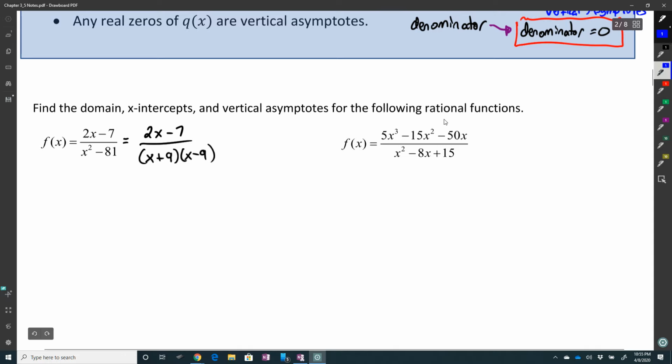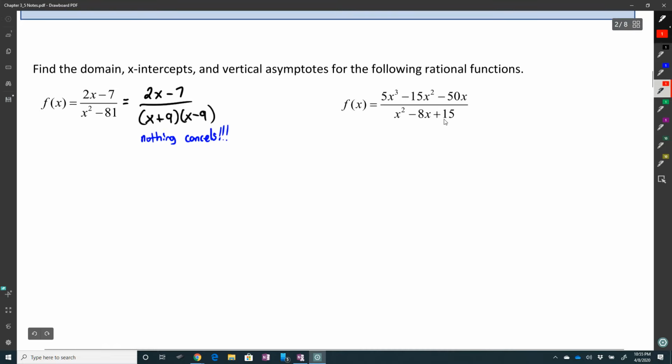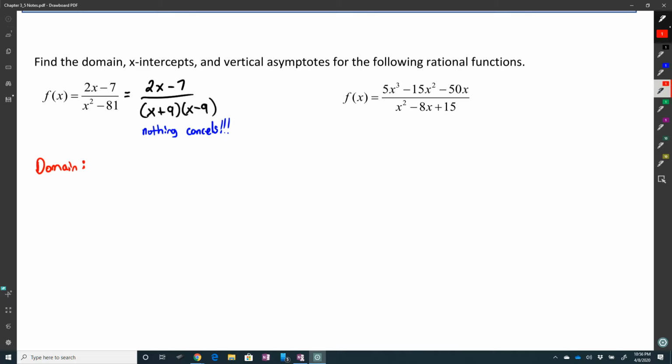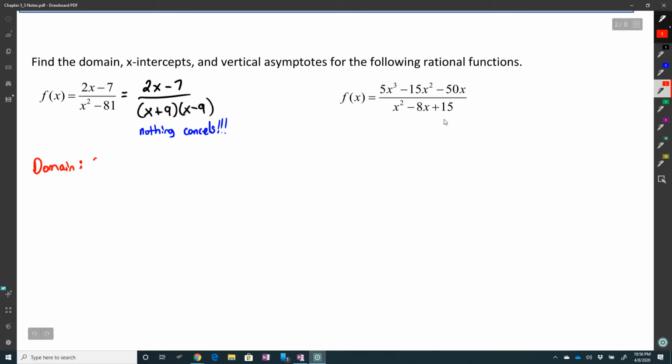One thing to note here is that nothing cancels. Okay. Now, right off the bat, I can figure out what the domain is. The domain is everything except where the denominator is 0, so everything but negative 9 and 9. So the domain is negative infinity to negative 9, negative 9 to 9, 9 to infinity.